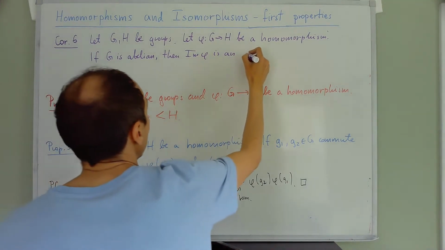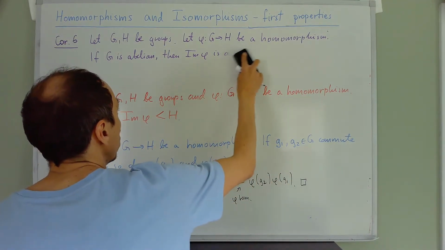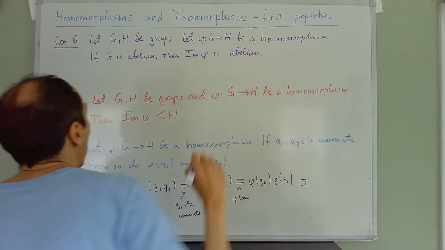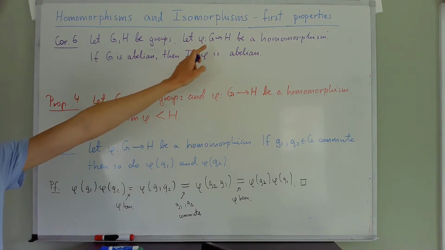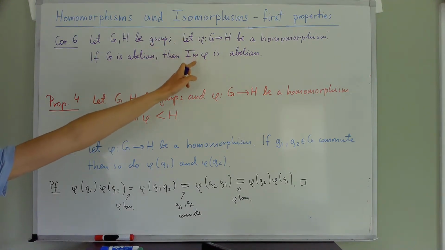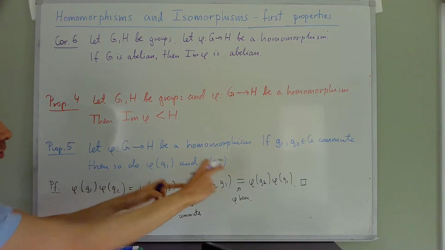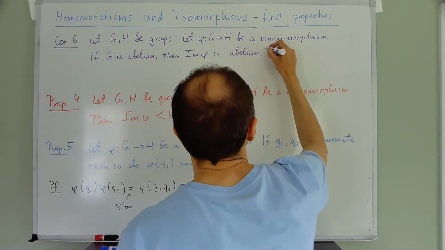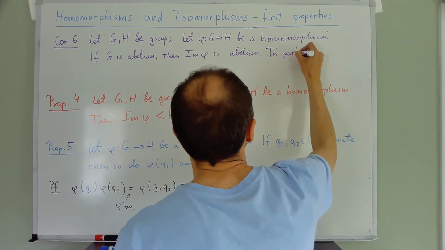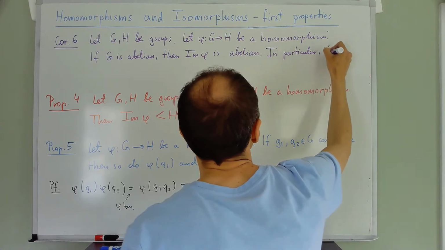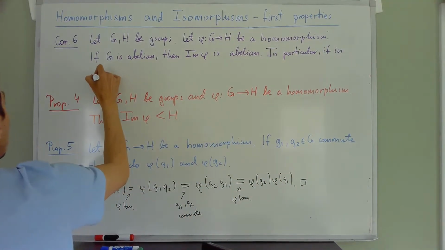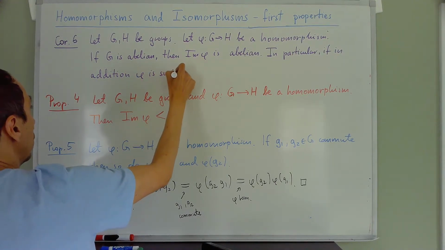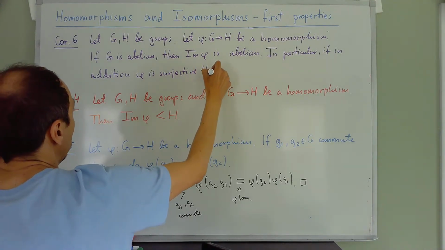It is an abelian subgroup of H. You already know it's a subgroup, so it is abelian. If G is abelian, then any two elements commute, so phi of these elements will commute as well. So the image is also abelian. So in particular, if in addition phi is surjective, then H is also abelian.